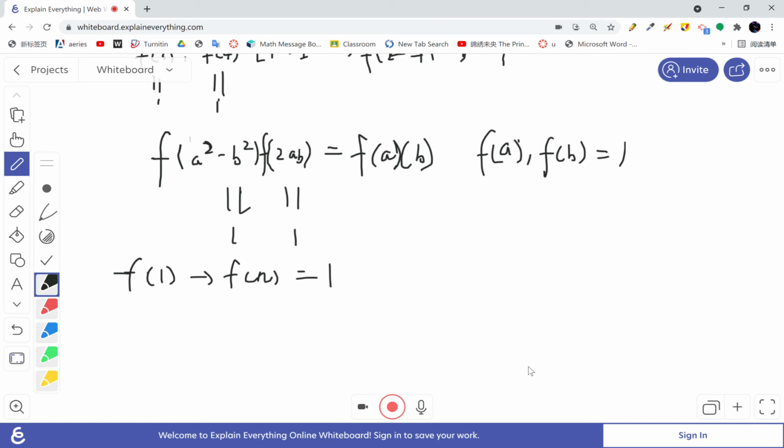And we know that if f of 1 to f of n is equal to 1, then f of n squared is clearly equal to 1.